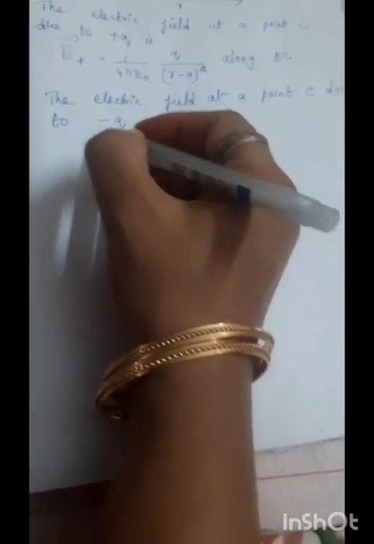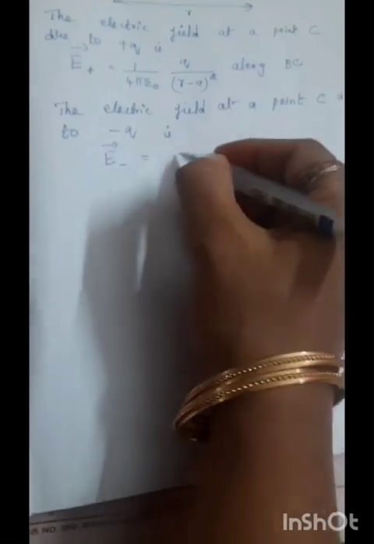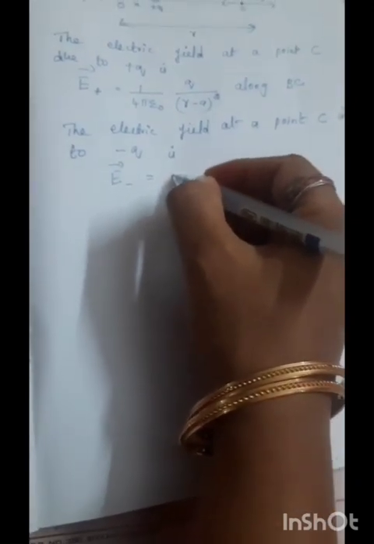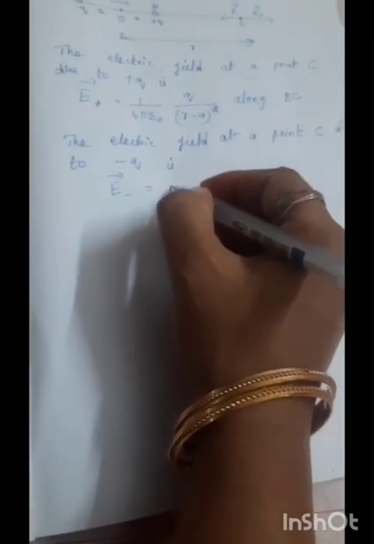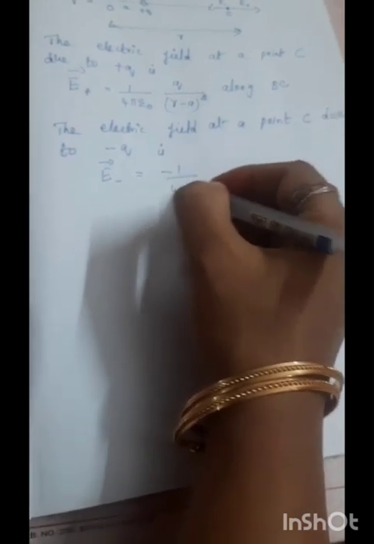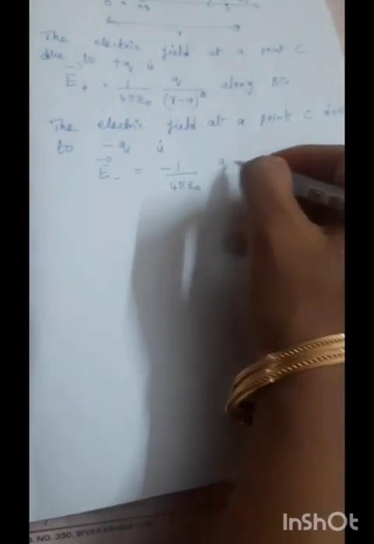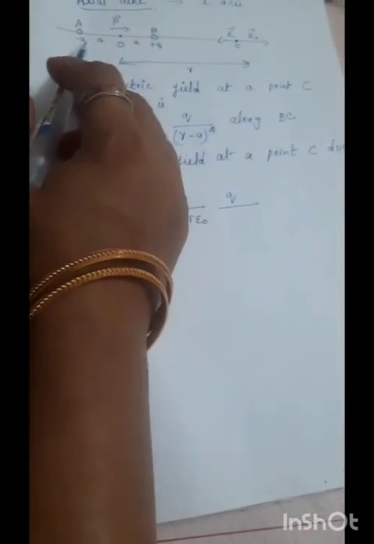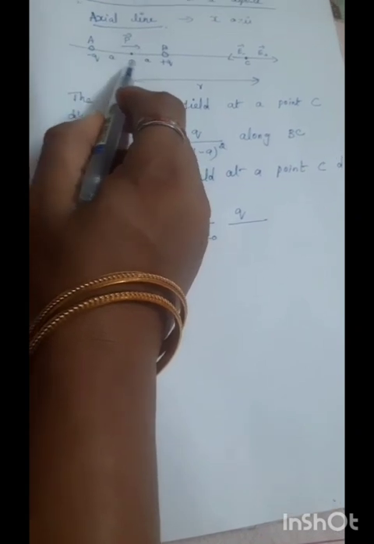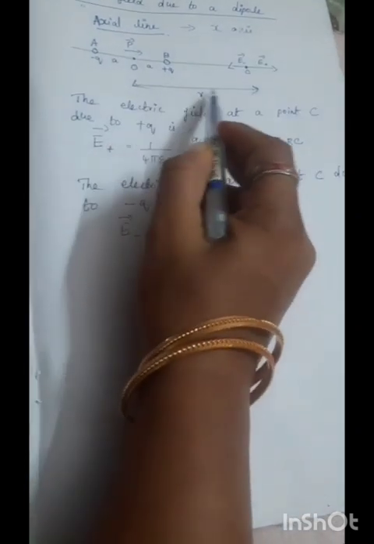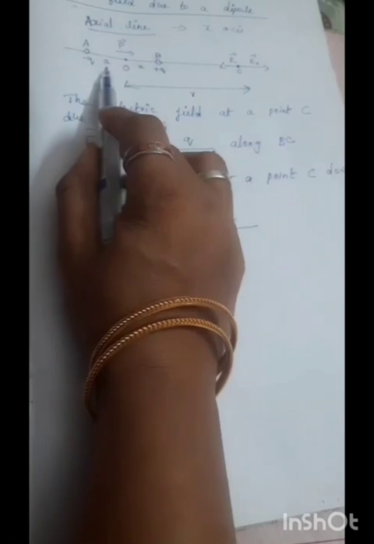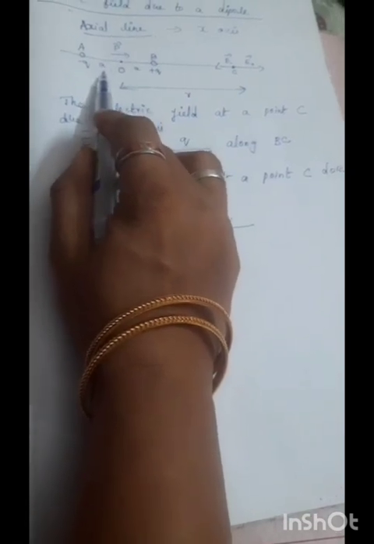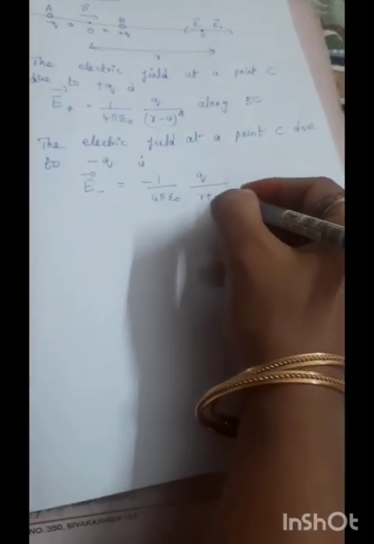Now you have to consider E minus vector is equal to, here you will have a minus sign before, that is minus of 1 by 4 pi epsilon naught into q divided by, here minus q is located at a distance of a from O. So already we have a distance of r. We have to consider this a also. So here you will have to write (r plus a) the whole square.